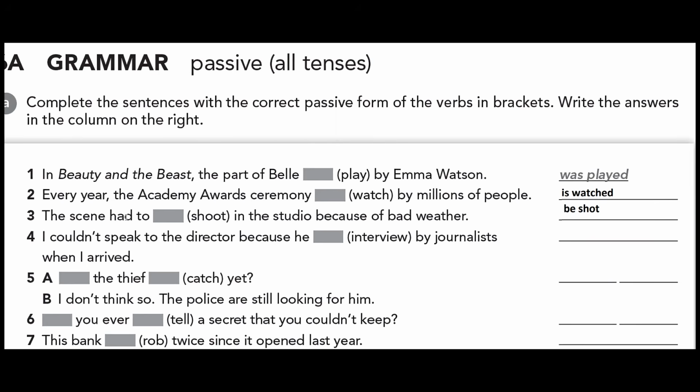Here is past simple, so the only option is had to be shot. I couldn't speak to the director because he was being interviewed by journalists when I arrived. It's the past continuous.